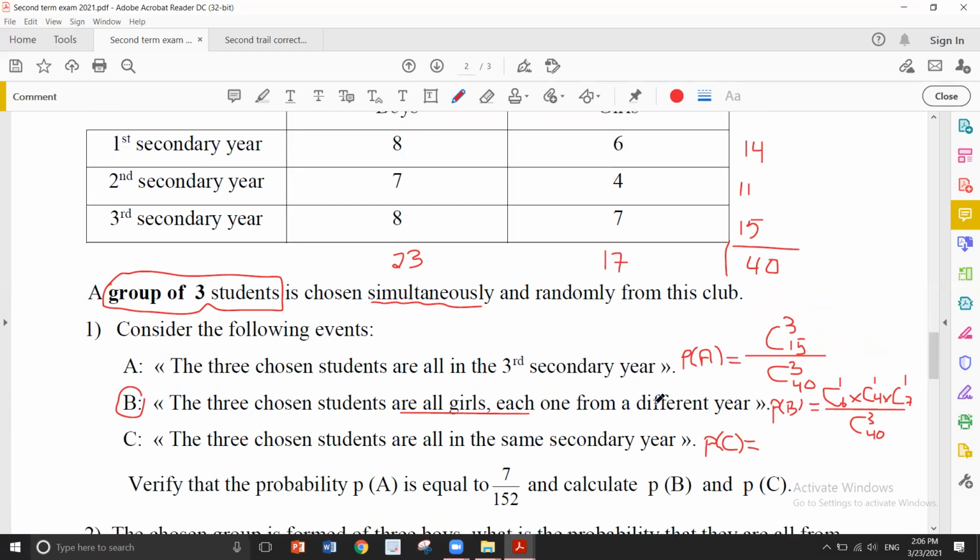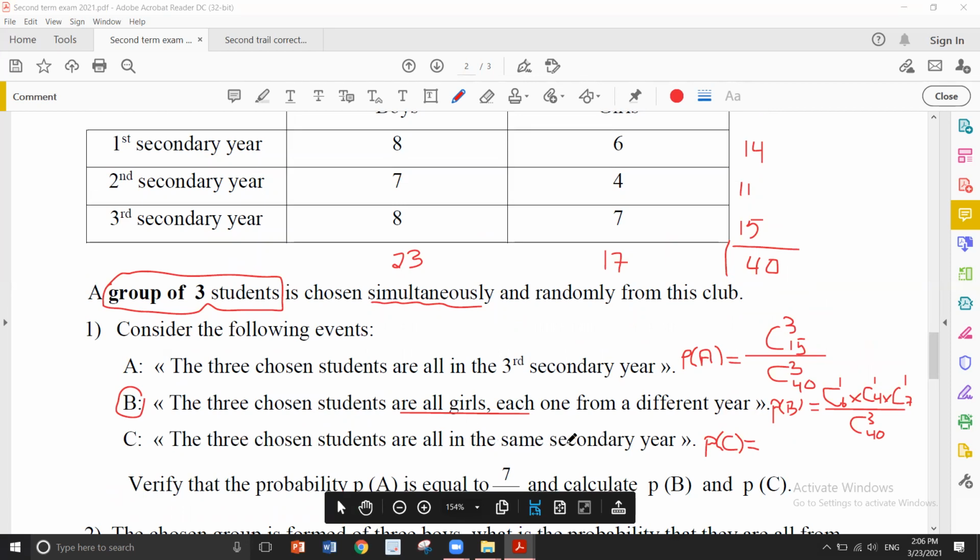Yes? What's meant by the 3 chosen students are all in the same secondary year?